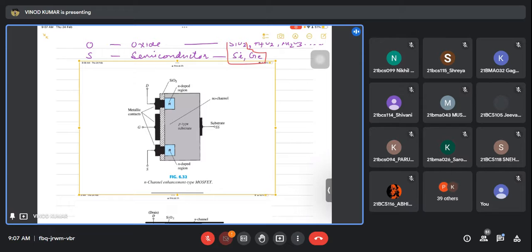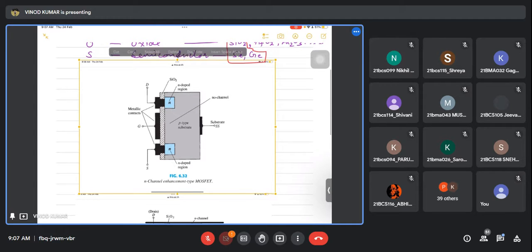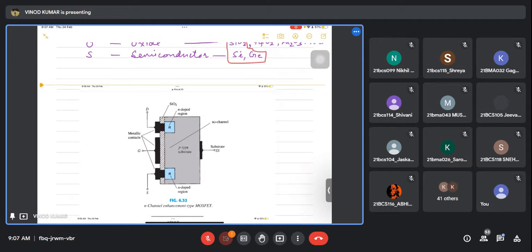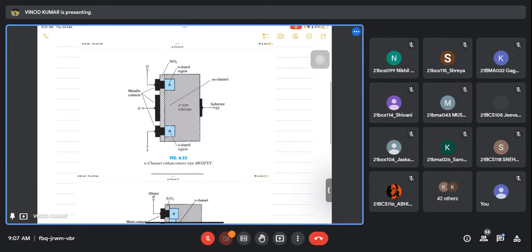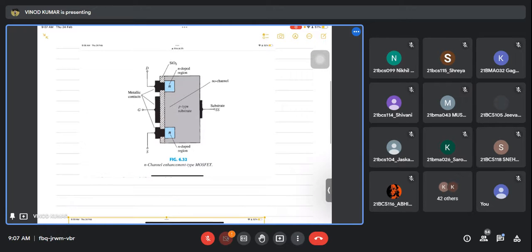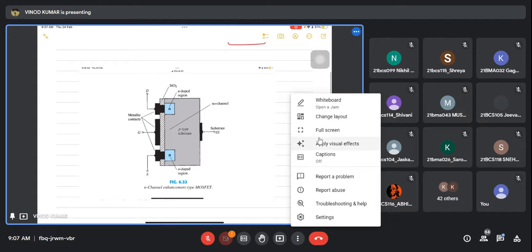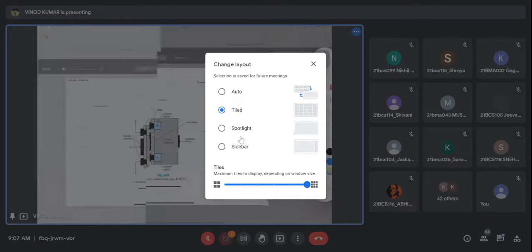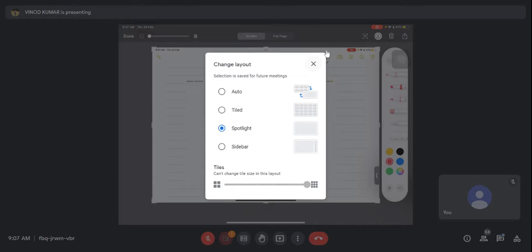So what we have is that this is the structure. Now, can you see it now?